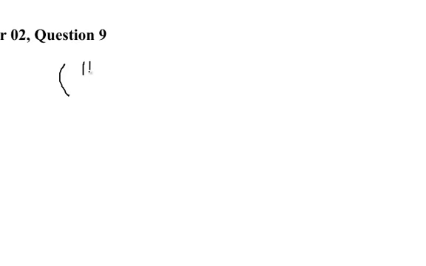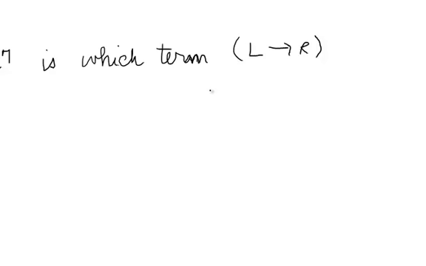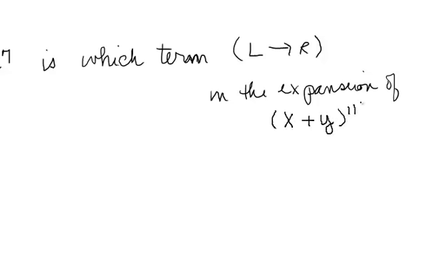So here's Pop Row 2 question 9. Okay, the combination of 11 things taken 7 at a time times x^4 y^7 is which term, when you count from the left to the right, in the expansion of (x + y)^11?